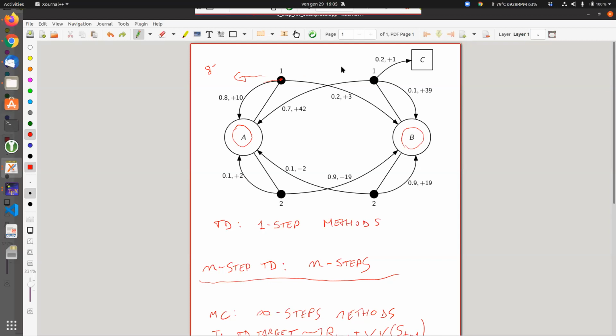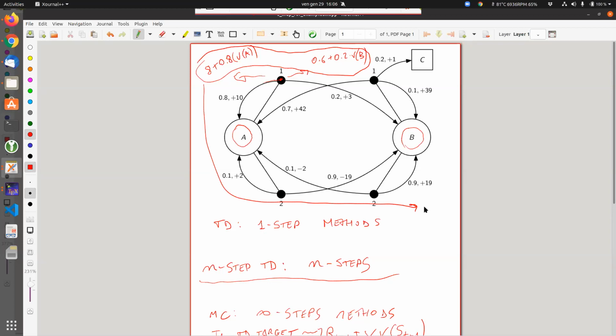Let's say I go in this direction. I will have 8 as the reward, and then I will have 0.8 times the value of A. And in this direction, I will have 0.6 times 0.2 the value of B. And so I will have a total value of this action. All these numbers that I formed here, the sum of them, is the value of the action 1 from the state A. Remember this, right?